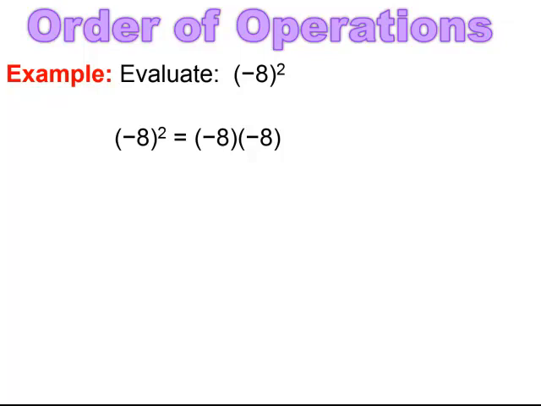So the square of parentheses negative 8 equals parentheses negative 8 times parentheses negative 8. Because I have a negative times a negative, I'm going to end up with a positive answer, and we get a positive 64. So when I'm evaluating something with parentheses and an exponent, you're taking that and multiplying it to itself that many times.